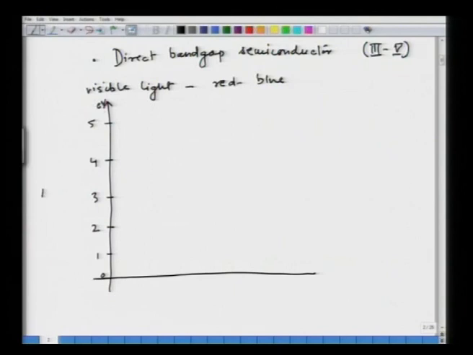So, this is the band gap of the material, given in electron volts.